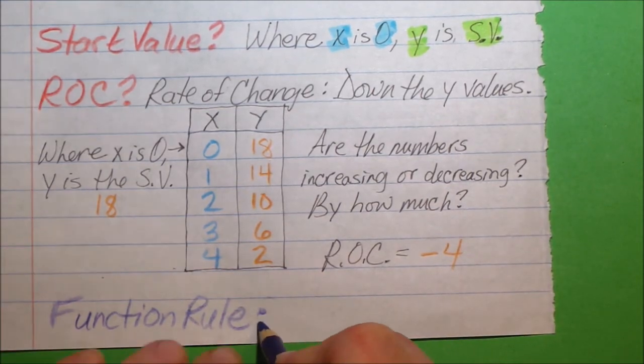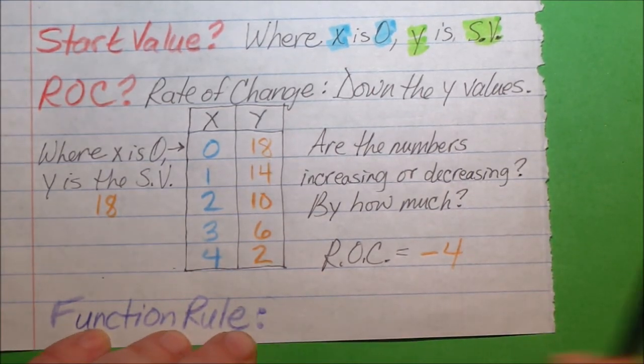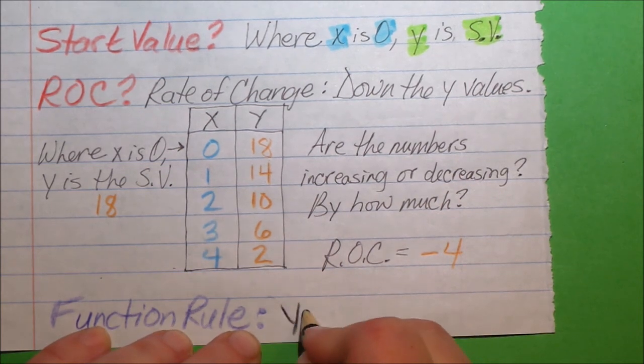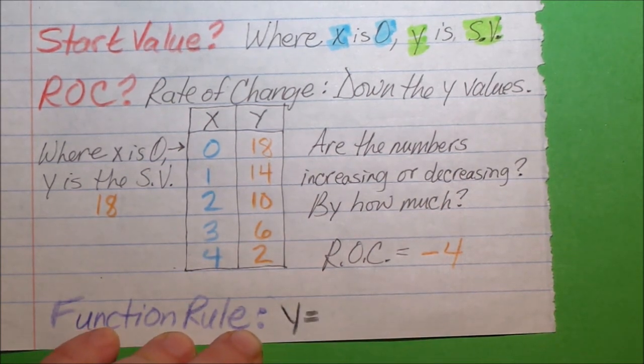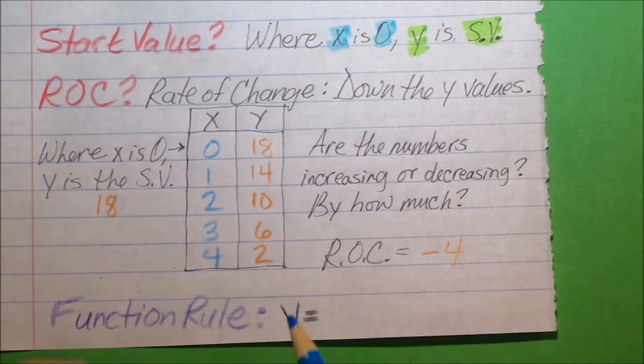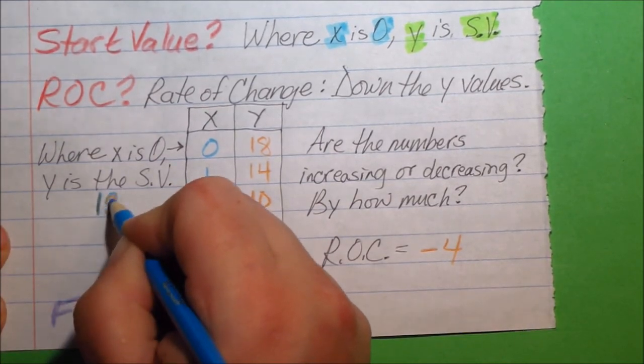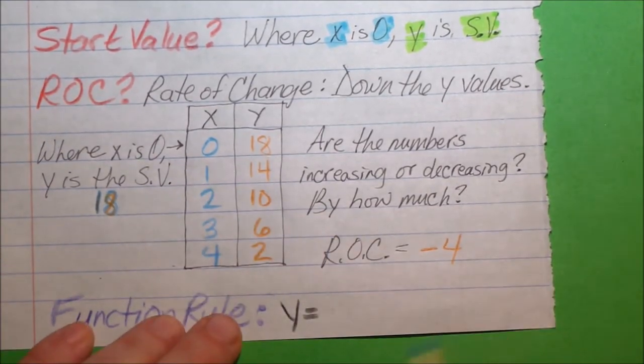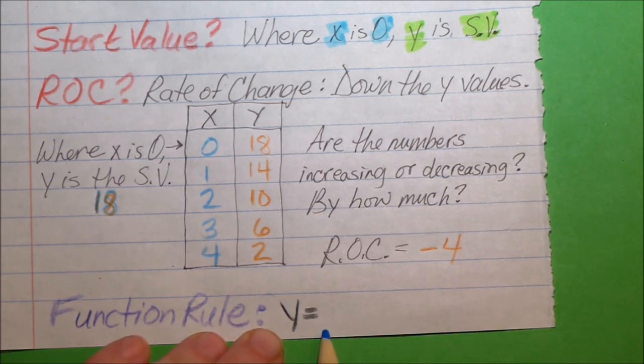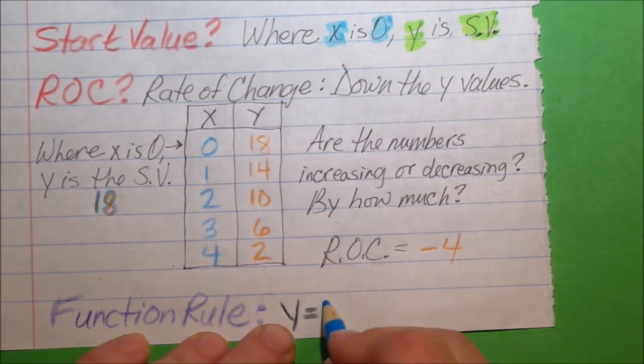Remember that the function rule starts with y equals, and y equals what? First, we have the start value, and that is 18.